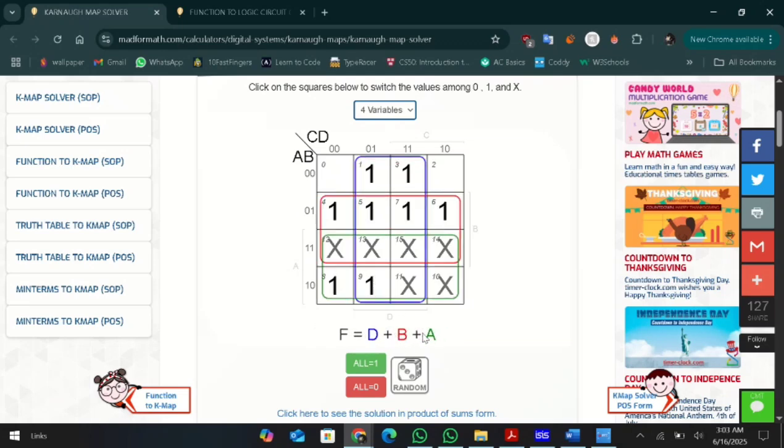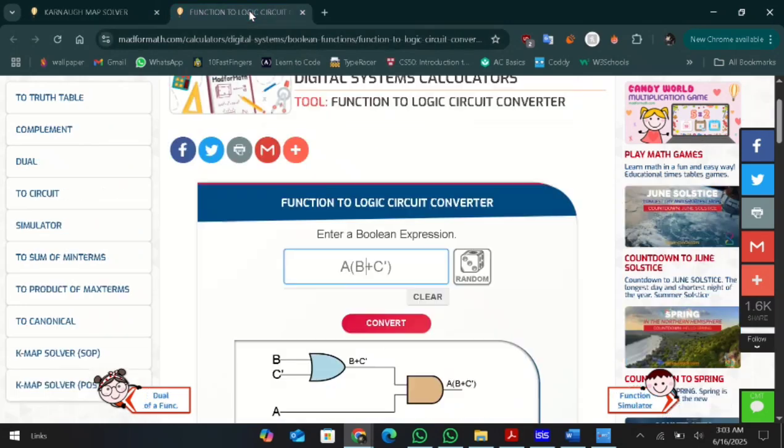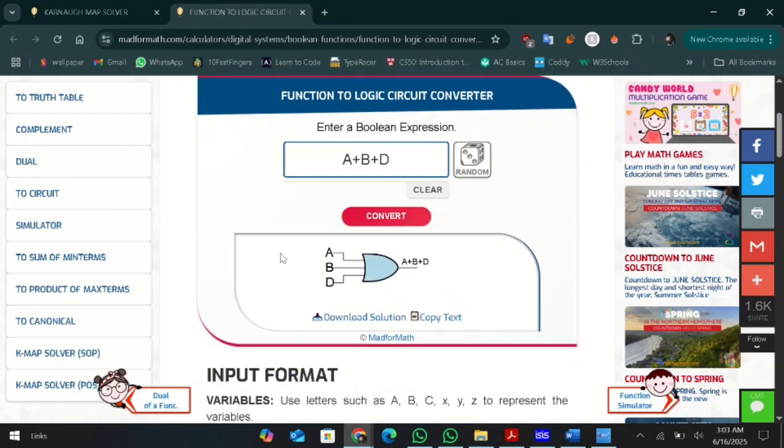So this would be my K-map for it, and this would be the Boolean expression in terms of D, B, and A. What I will do is go into a similar site made by them, write A plus B plus D, and convert it, and boom, it has given me my expression.